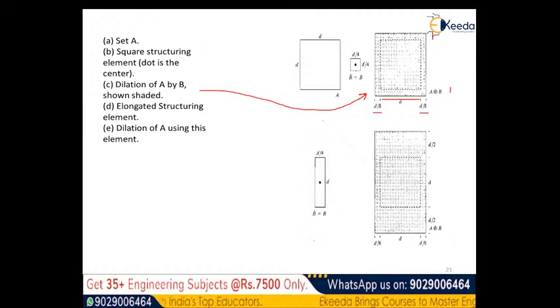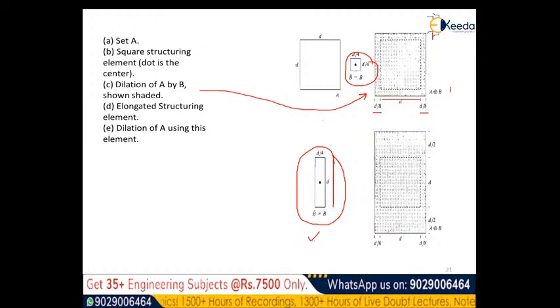Now as was done with respect to erosion, if we change the structuring element, instead of this structuring element of square size, and select the elongated type of structuring element as shown here with the dimension small d on the larger side, the dilated result for the given set A is shown here.